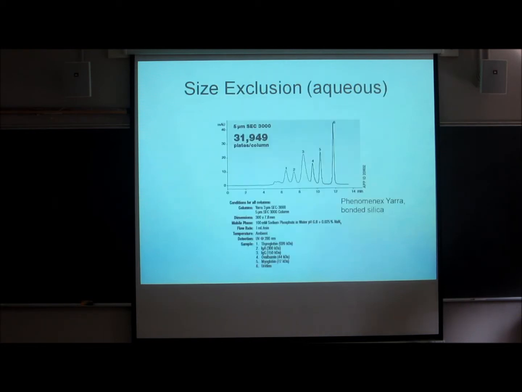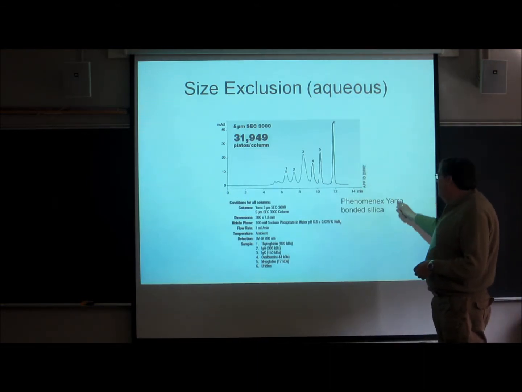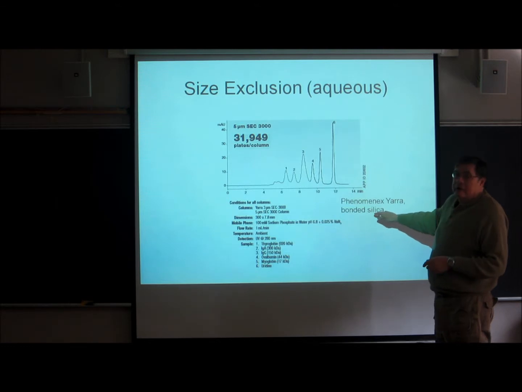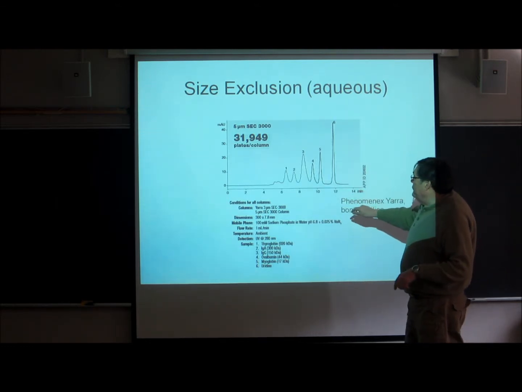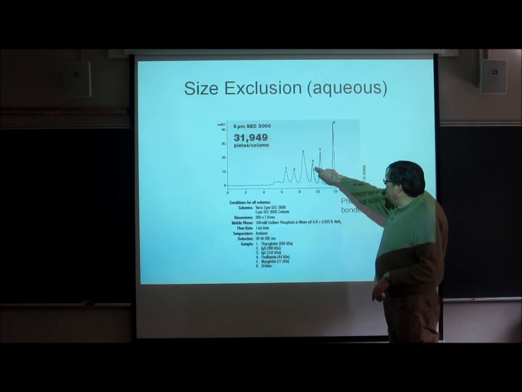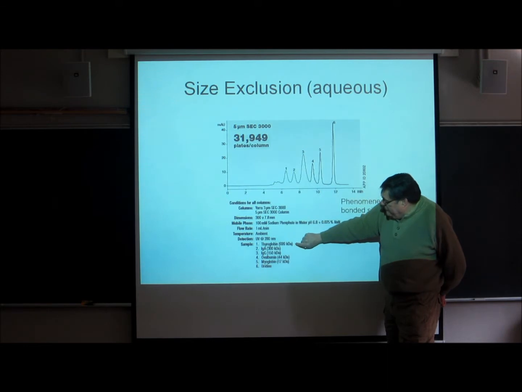Whoops, went too far. So this is a size exclusion chromatogram, done with a Phenomenex column, which is bonded silica and has a range of pore sizes, and you can see the effect of this. These are the proteins that are coming through. Can you see the molecular weights?